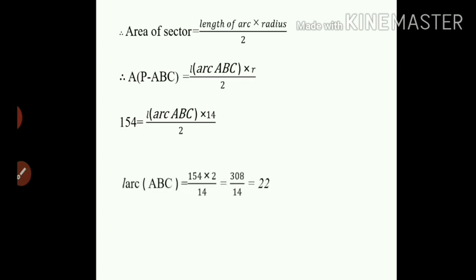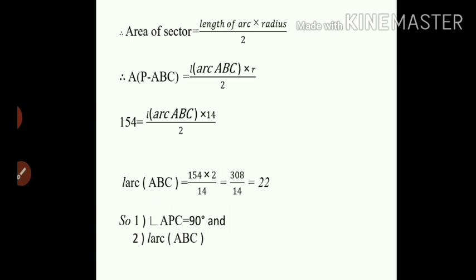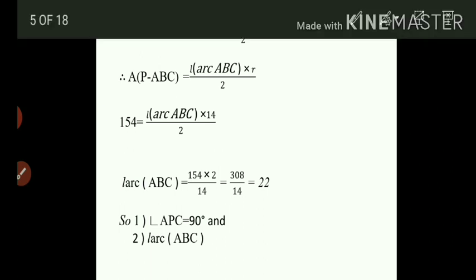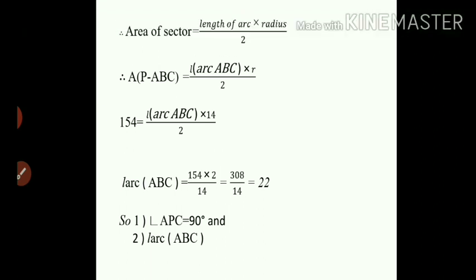That is, length of arc ABC will be 154 multiplied by 2 divided by 14. Now 2 ones are 2, 2 sevens are 14, and then 154 you can divide by 14, you get the answer as 22. So the first answer, angle APC, is 90 degree, and the second answer, the length of arc ABC, is equal to 22.